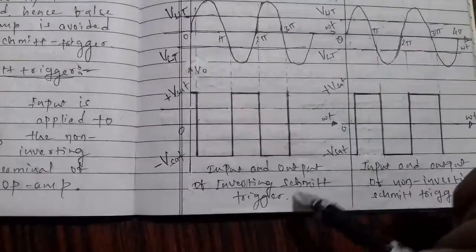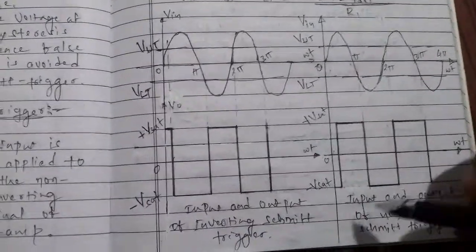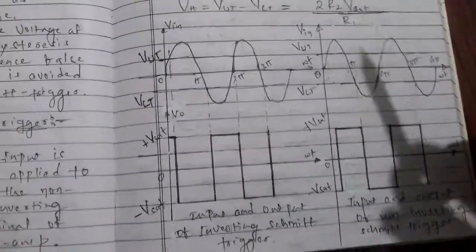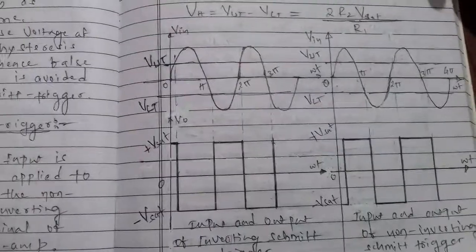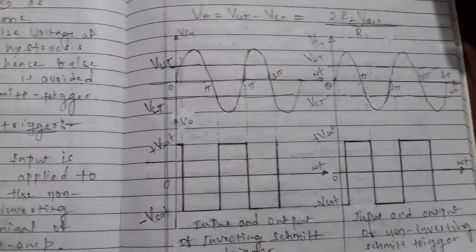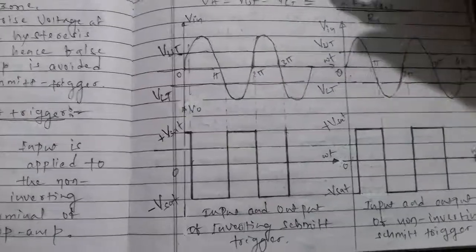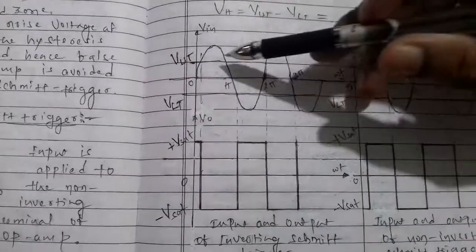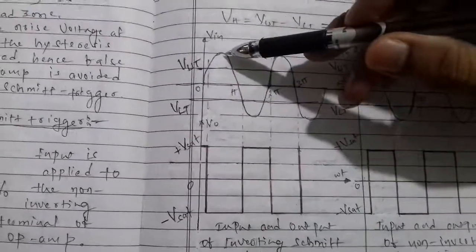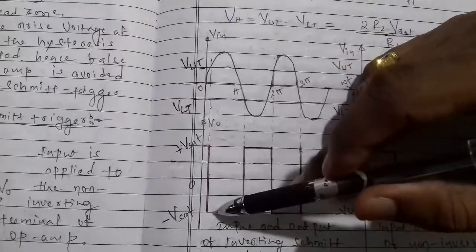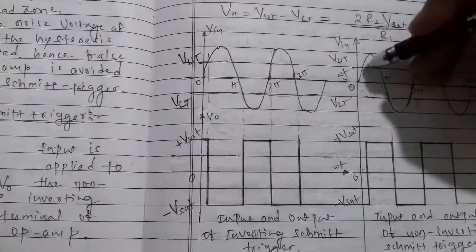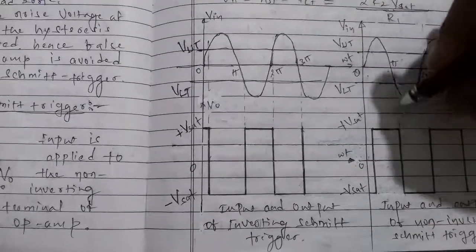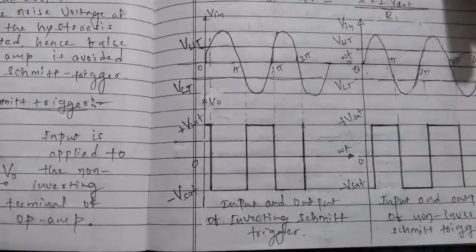Input and output of inverting Schmitt trigger and the input and output of the non-inverting Schmitt trigger. When input becomes high, output becomes low, and here when input becomes high, output is high, and when input becomes low, output also becomes low.